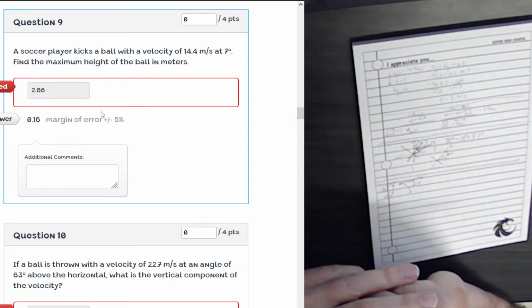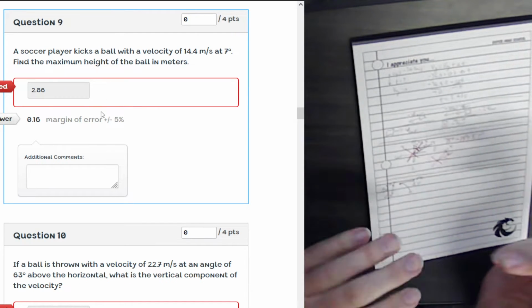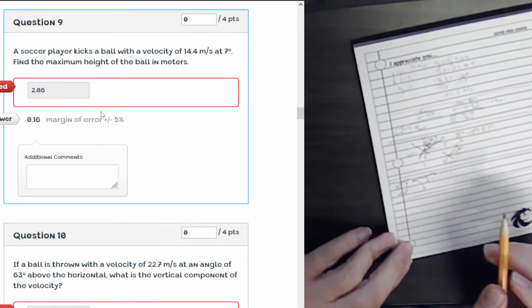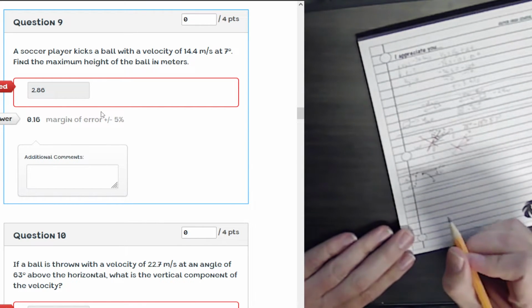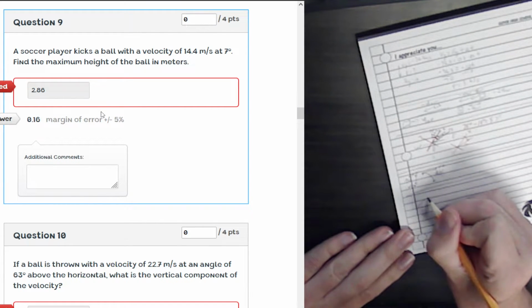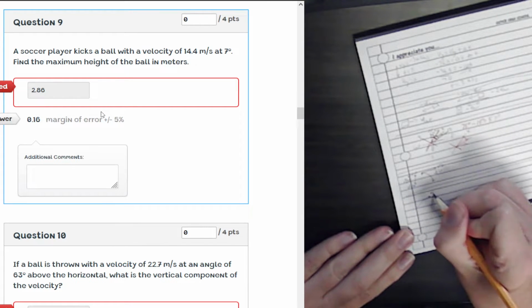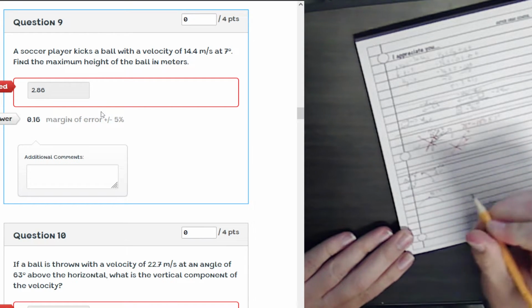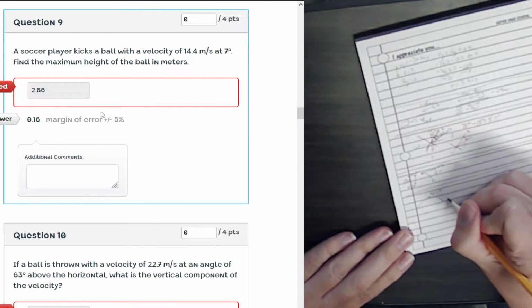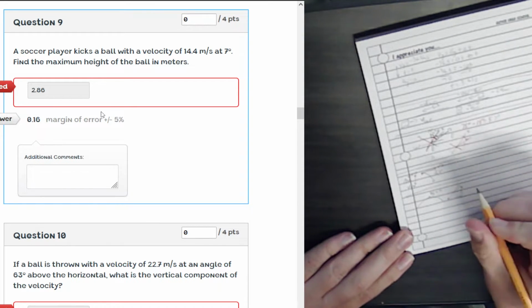Number 9 says a soccer player kicks a ball with a velocity of this, and find the maximum height. Okay, so it goes up and it comes down. We want to find our maximum height. We know our velocity at this point is 0 in the y direction. So what we have to do here is split our x from our y, from our initial.